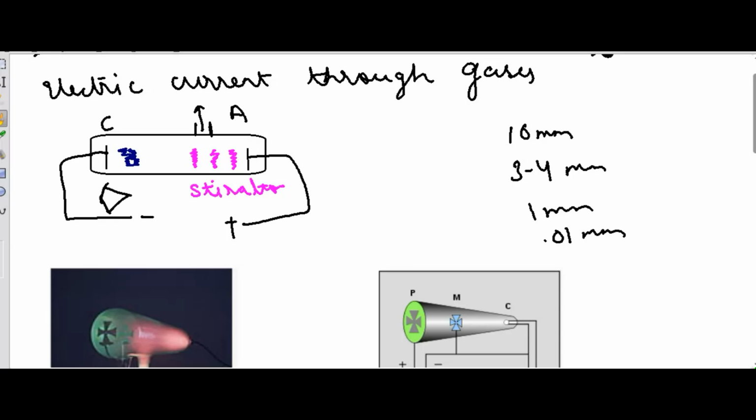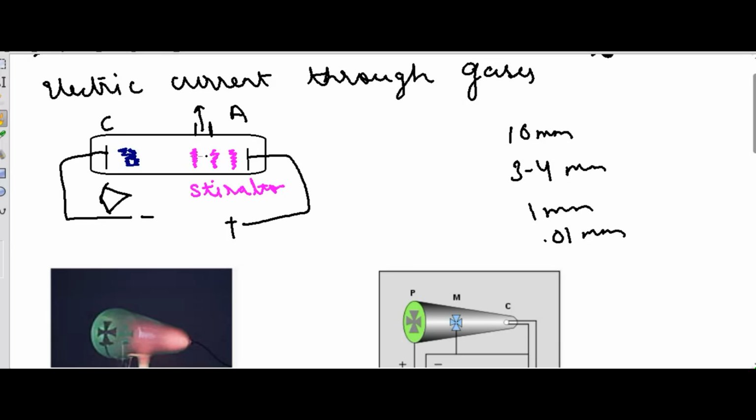But one question still remains unanswered, and the question is, how do we know that these are actually caused by electrons, which are negatively charged particles?